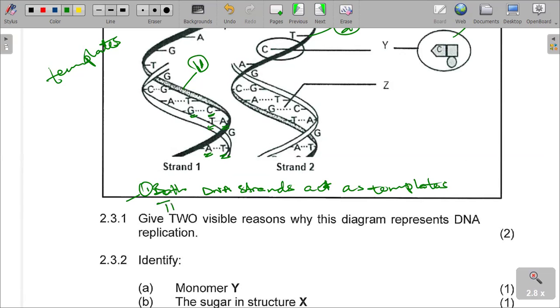Thymine pairs directly to adenine. That is given in our diagram there.